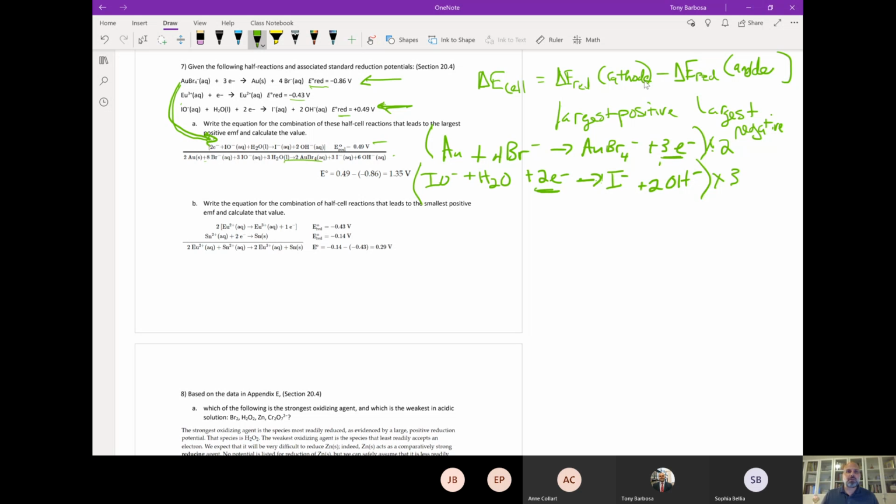And after you do that, you can see that what you end up with is 2 gold plus 8 bromide plus the 3 IO minus plus 3 water molecules. You're distributing here. You would have 6 electrons, but those are going to cancel on both sides, and then you distribute, right? You have your 2 gold bromide plus your 3 iodides plus your 6 hydroxides.